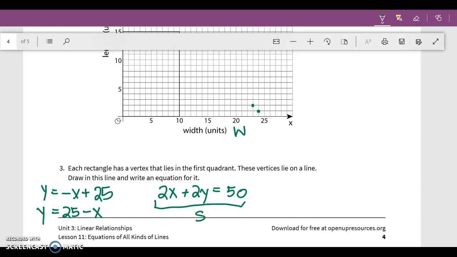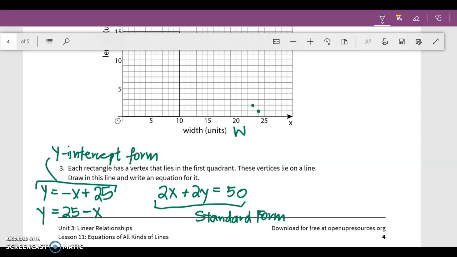We call this the standard form. You guys are going to use this one more in 9th grade, but in 8th grade, we're going to focus on this format. Again, we have a name for it. We call this the y-intercept form. The reason why we call it y-intercept form is because we're able to identify what the y-intercept is. That's why.